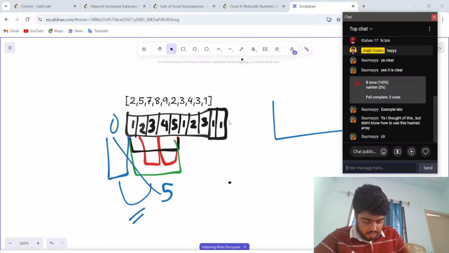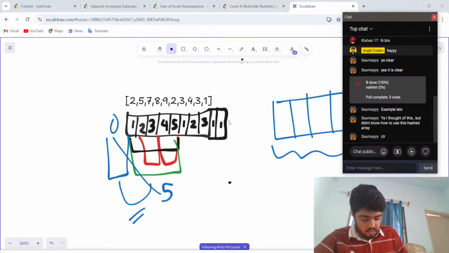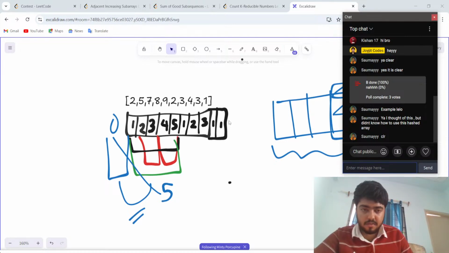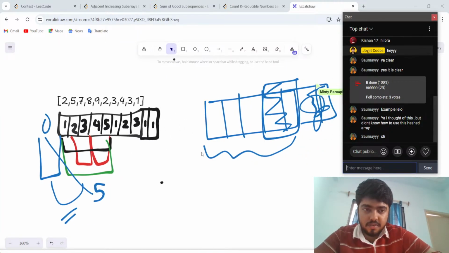Let's say this is a strictly increasing subarray. What we can do is remove some of the elements from it and decrease its length, but we can't increase it, right? We can't add elements, because in a subarray we are just removing some of the elements, not adding. Clear? I hope this is clear.